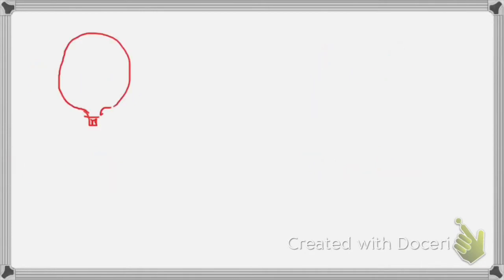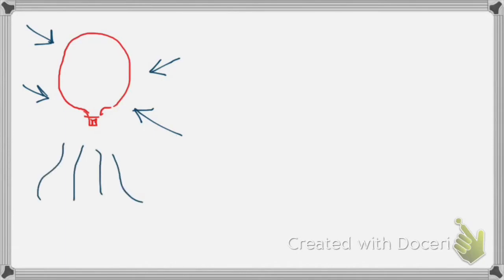But what if we had a situation where we only held the amount of gas inside constant, and we started to squeeze our balloon, and at the same time we started to put a little heat under it? Then what would happen?